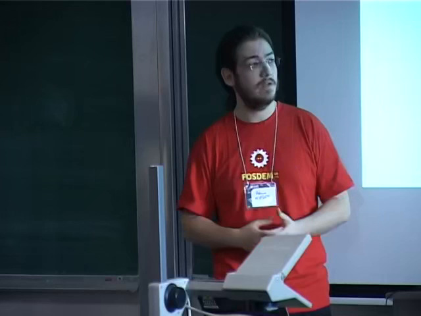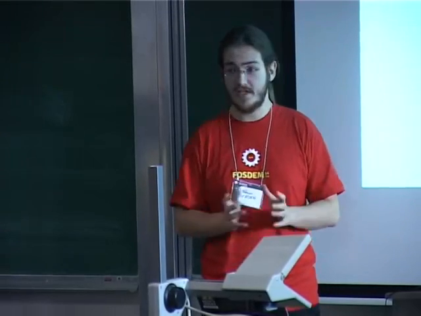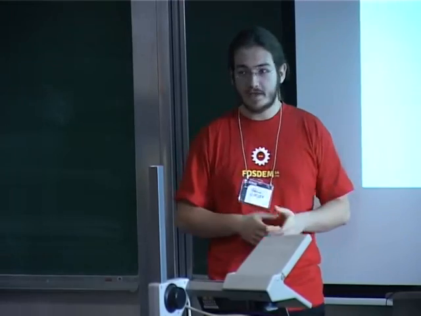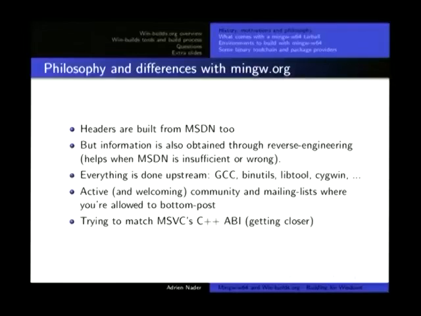They say they want to stay clear of any legal issue, so they stay with MSDN. Well, but MSDN isn't exhaustive, it's not even correct sometimes, and especially when you go into the lower layers, you're going to have issues with it. So that's why you can't reunite the headers of both projects, well, not that easily.